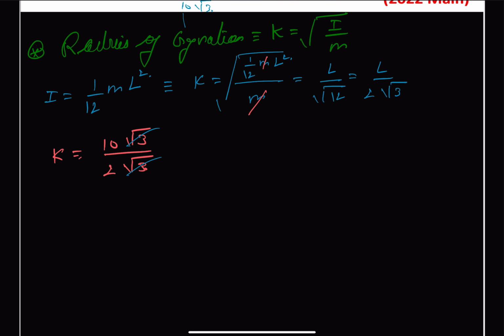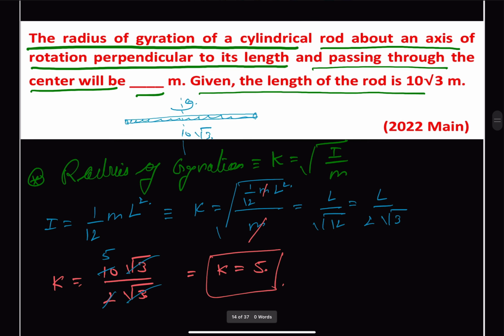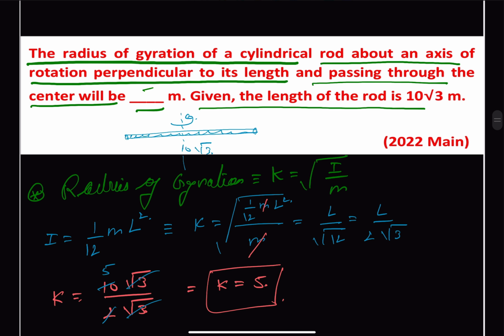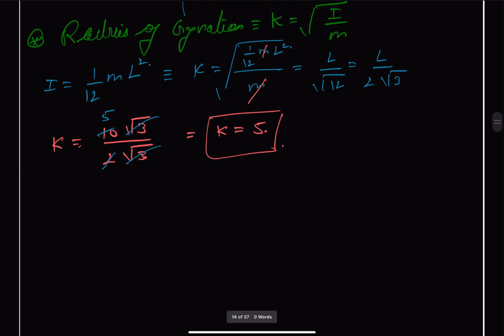Root 3 cancels and 10 goes by 2 is 5. Therefore the radius of gyration is equal to 5, so that will be 5 meters. Next question.